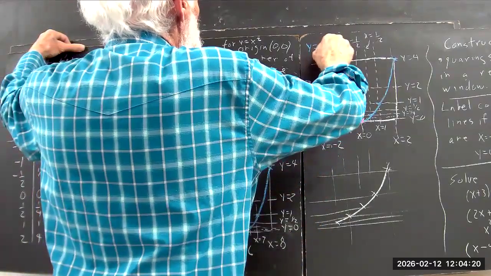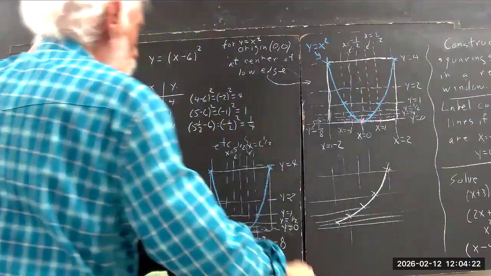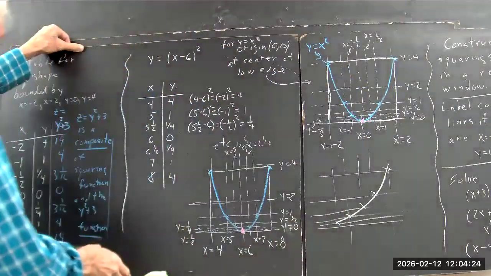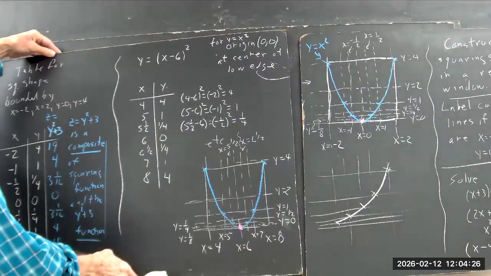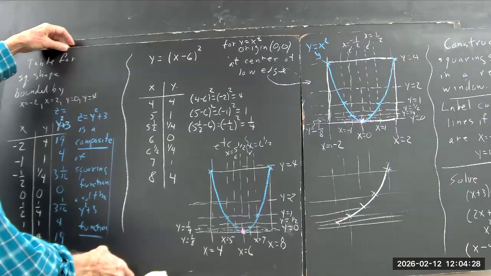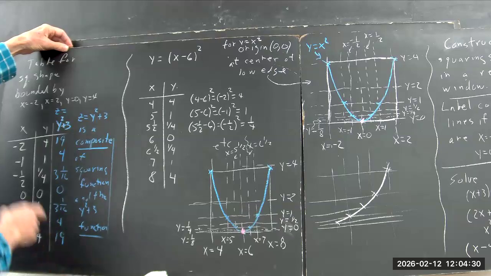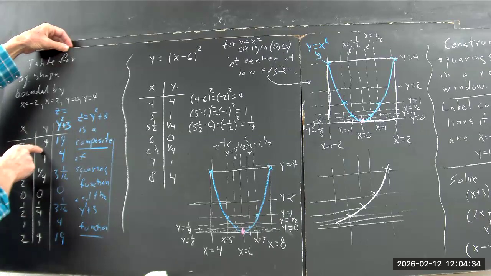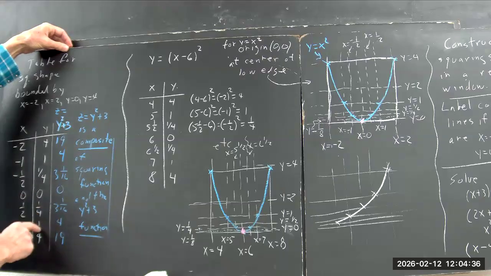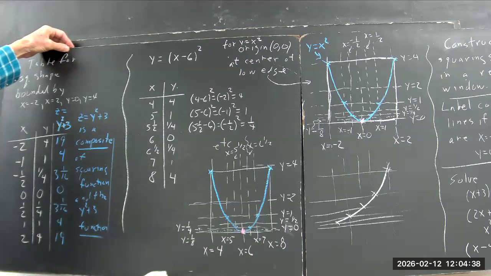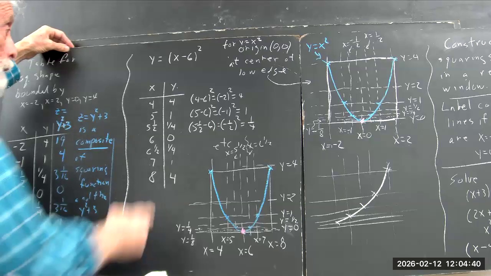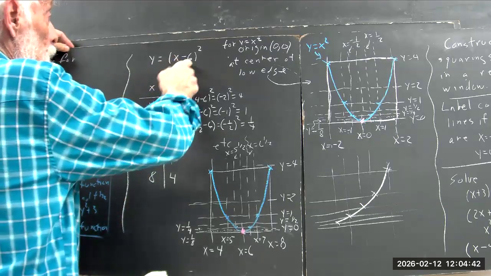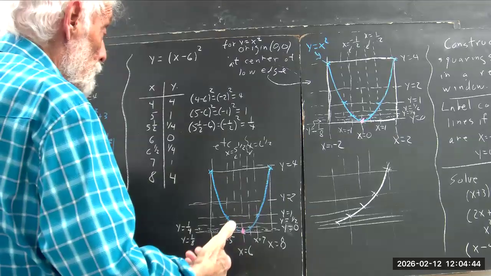How do I know it's the x squared graph? Well, because if I make this table over here by calculating, if I just square the x's, these are the numbers I get for the y. Okay? Now you've just made a table for one that's a little harder where you got to subtract 6 from the x.